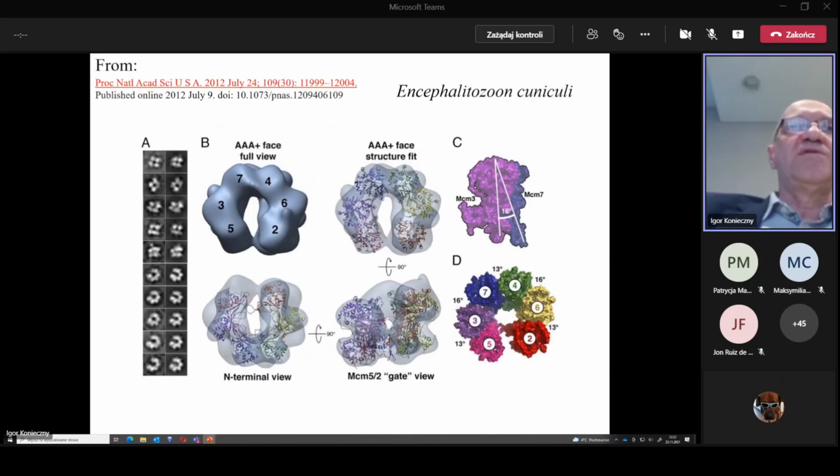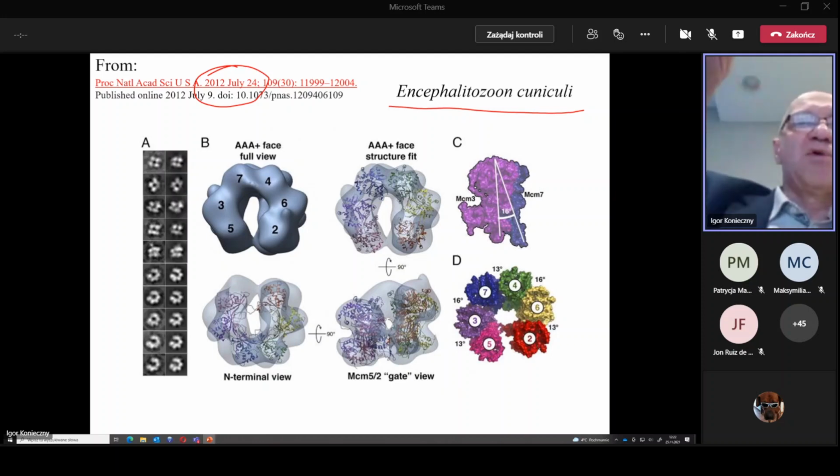And that was the paper published in Proceedings of the National Academy of Sciences in 2012, showing for the first time that the helicase from archaeal bacteria could form the open ring structure.